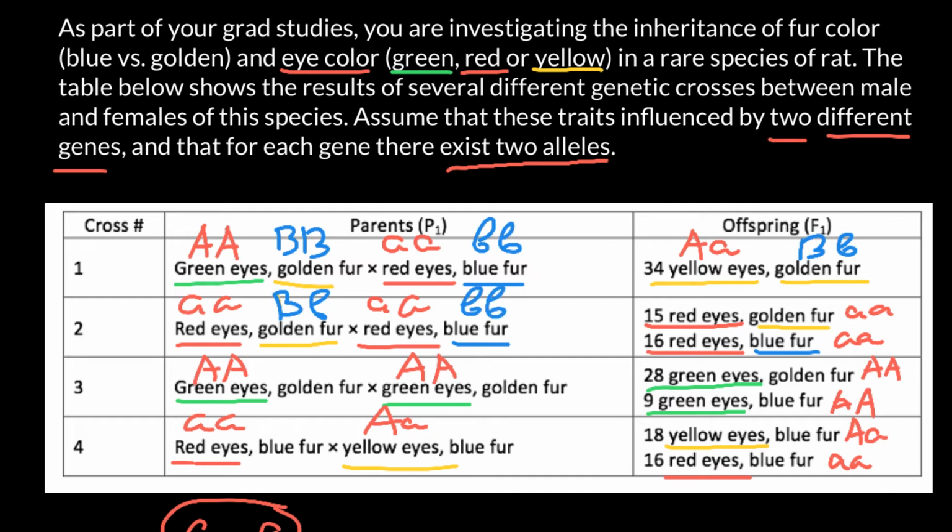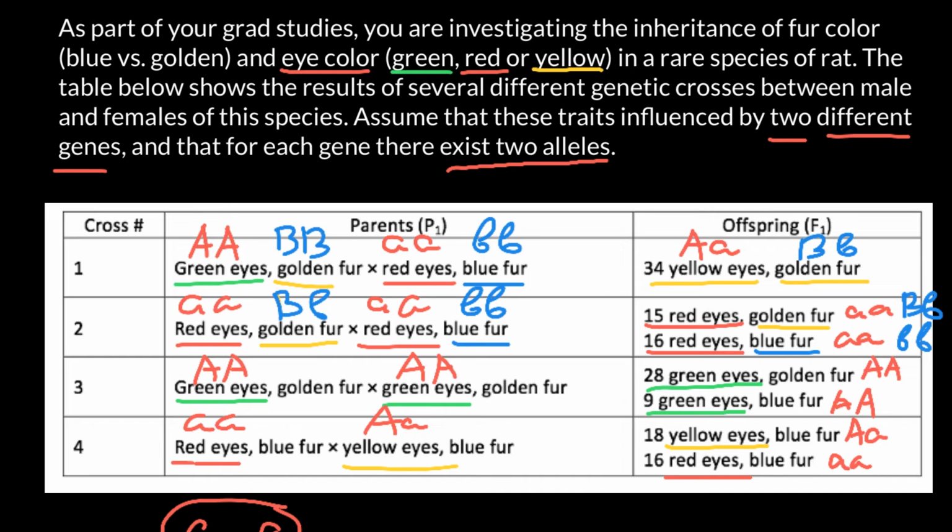And if we cross heterozygous with homozygous recessive, we expect that the progeny that has golden fur would be heterozygous for this trait, and that has blue fur would be homozygous recessive.